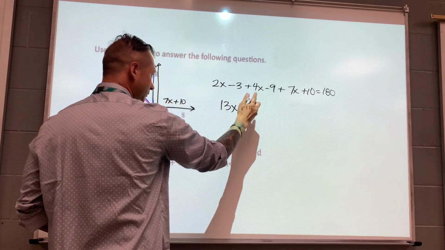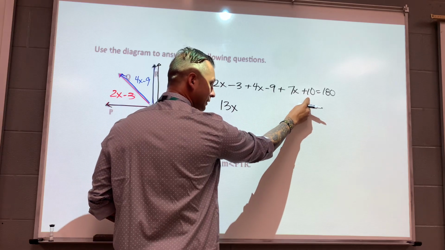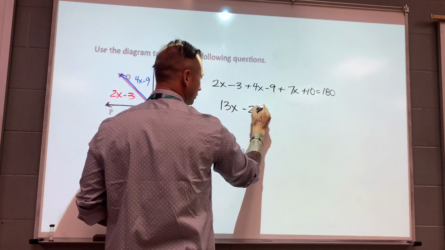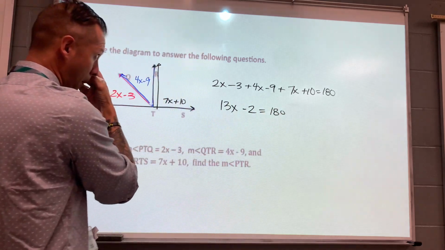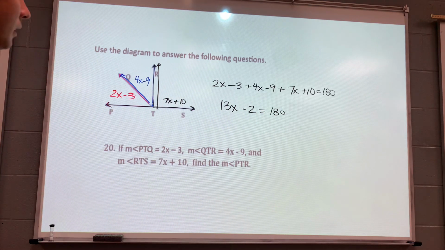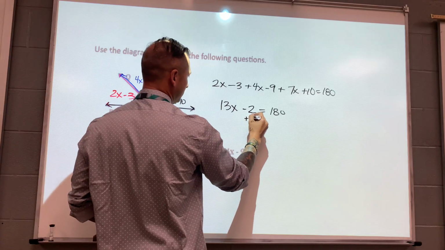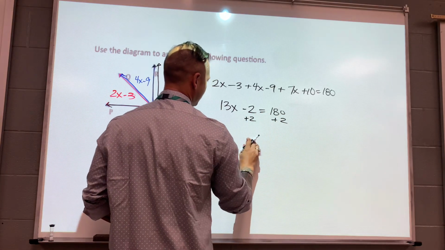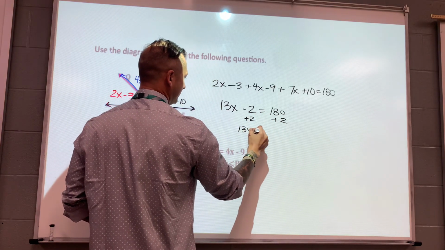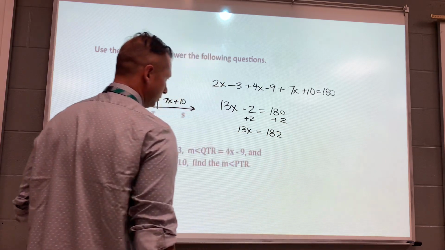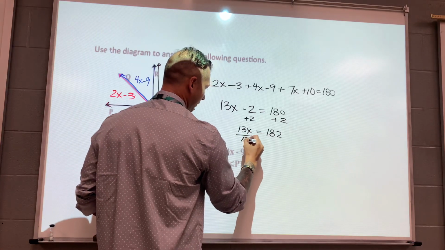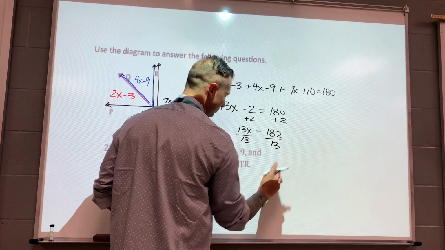So -12 plus 10 is -2, equals 180. Add 2, 13x is equal to 182. That's ugly. Divide both sides by 13.